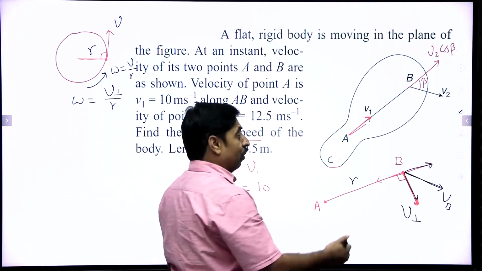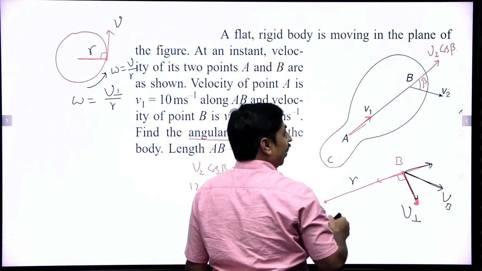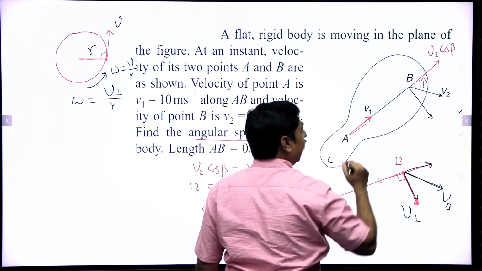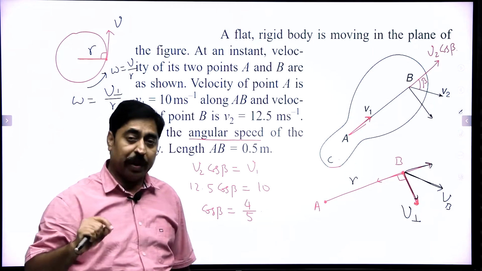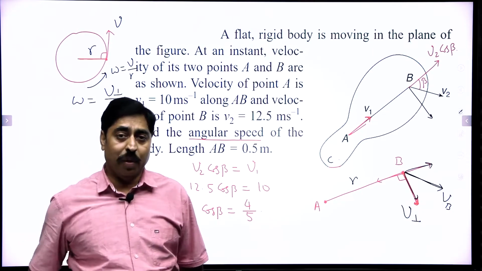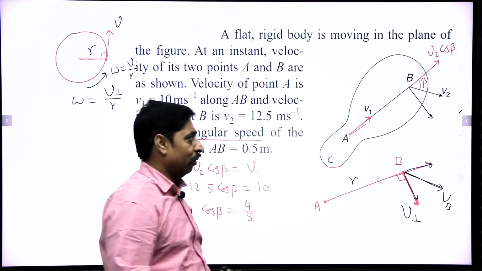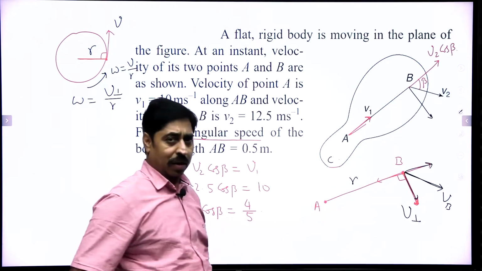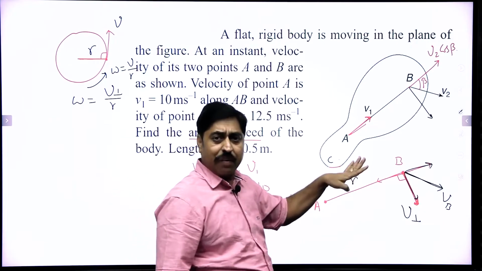So now I am going to calculate the angular velocity of B with respect to A. So I need to know the component of velocity of B with respect to A perpendicular to AB. थोड़ा कॉम्प्लिकेट हो रहा है, ठीक से सुनो. B की वेलोसिटी A के रेस्पेक्ट में जो AB के परपेंडिकुलर है. This question is not that difficult.